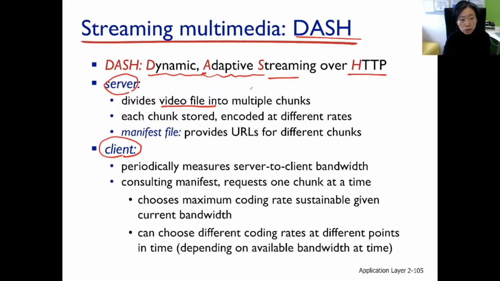So what the server does first is divide the video files into shorter segments. Here in the slide, we call them chunks, video chunks, a little bit like in P2P, where BitTorrent cuts big files into chunks. And each chunk is stored and encoded at different rates.